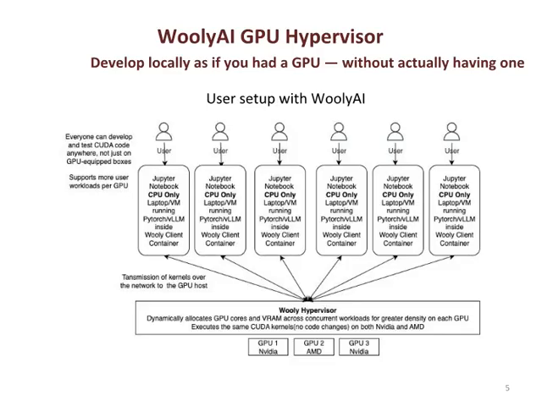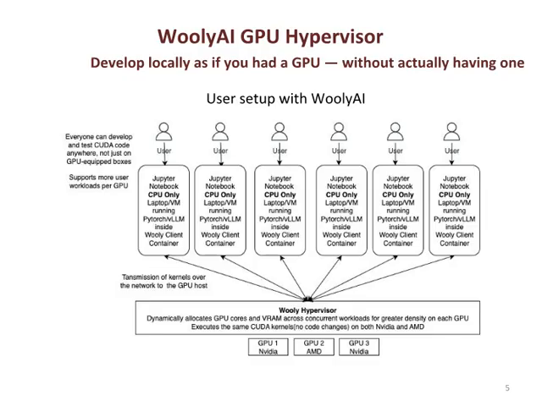Here's how it works. The users run their CUDA workloads inside WoolyAI client containers running on CPU-only infrastructure. The WoolyAI client runtime sends the CUDA kernels, represented as WoolyAI instruction set, to remote GPU nodes running the WoolyAI server hypervisor. On the GPU node, the WoolyAI server just-in-time compiles the kernels into native NVIDIA or AMD instructions, using the vendor's runtime and drivers.